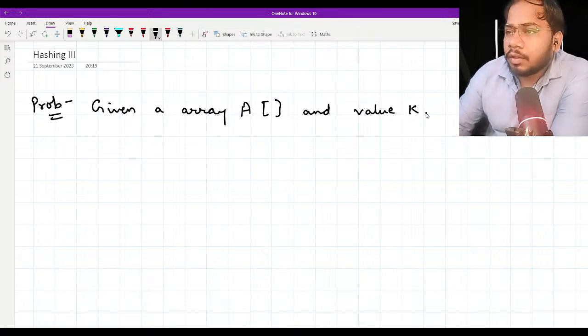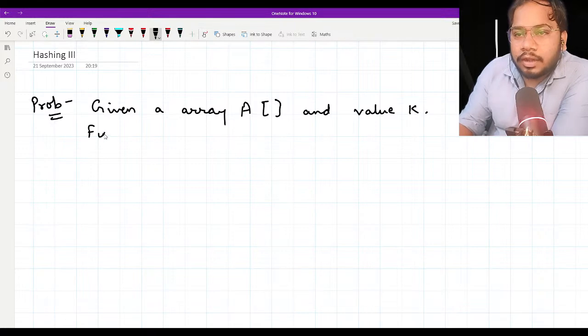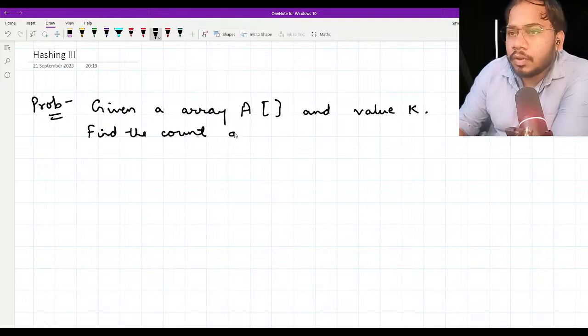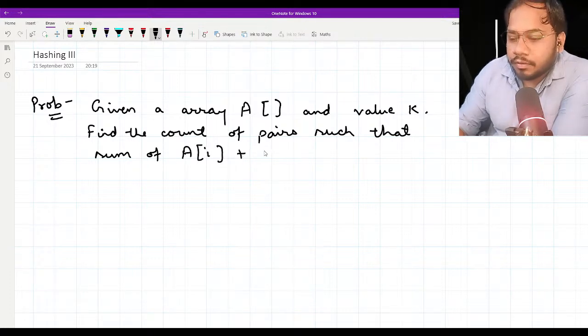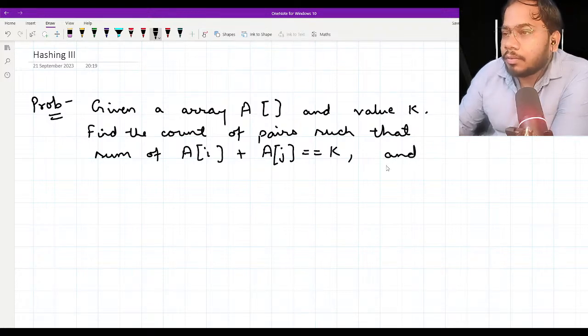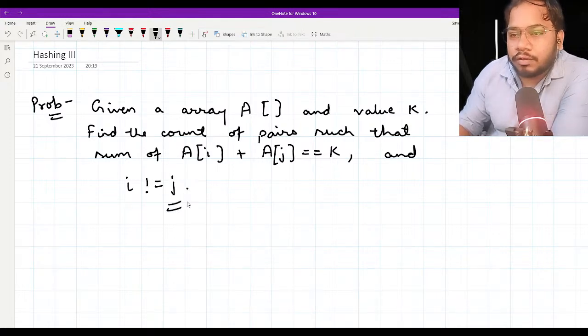What we have to do is find the count of pairs such that the sum of a of i plus a of j is equal to k, and i should not be equal to j. That is also the condition.